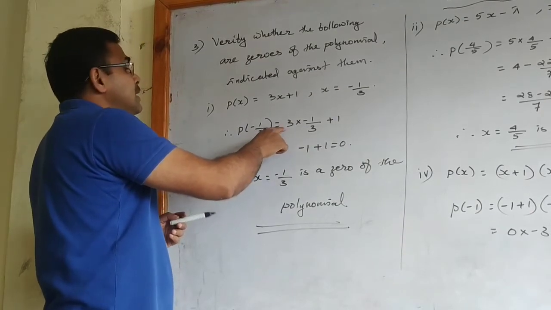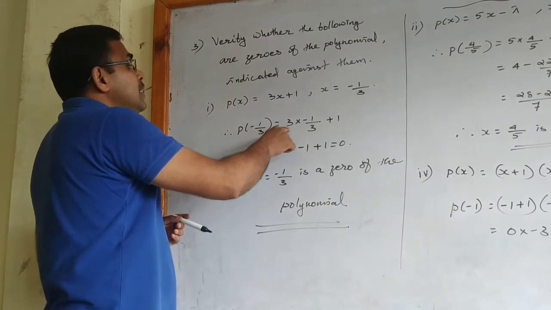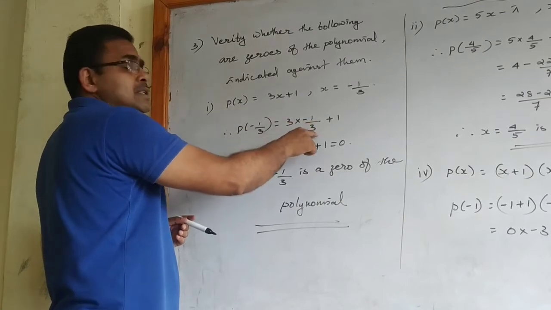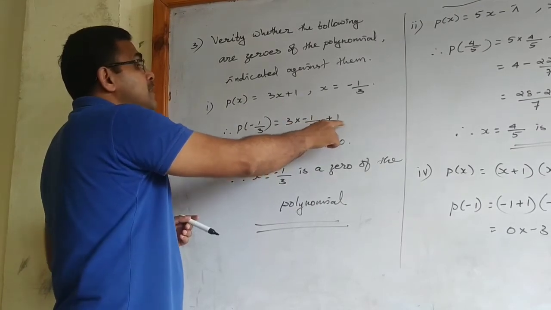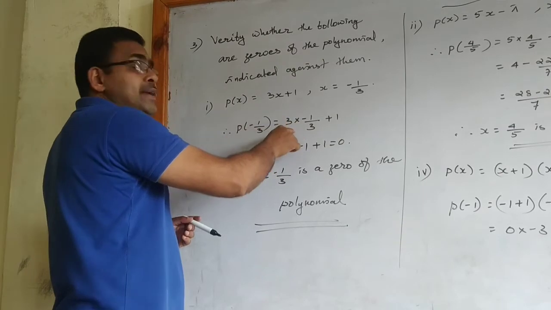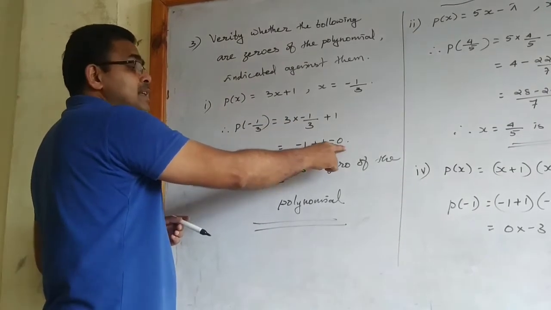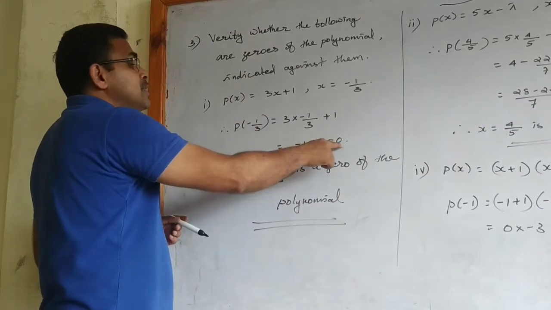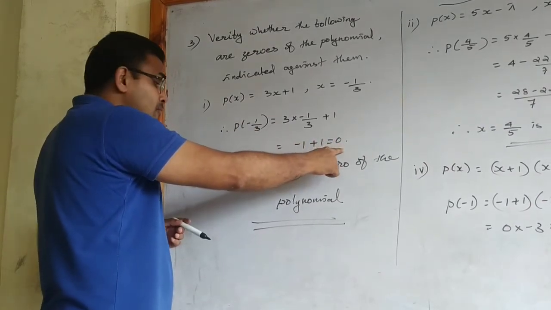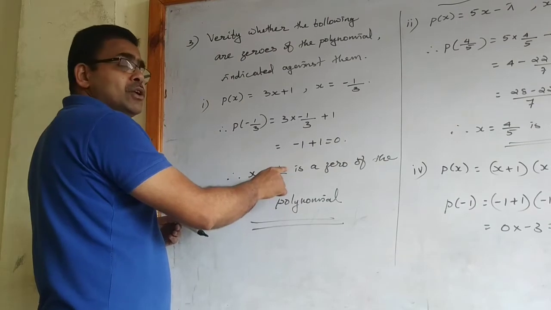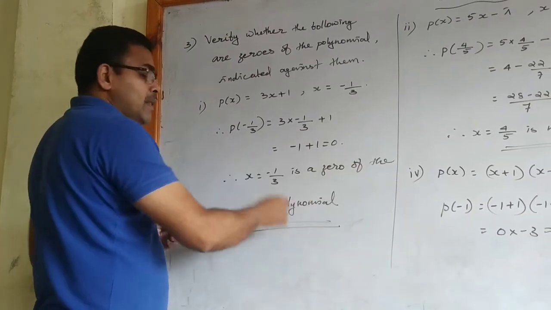P of minus 1 by 3 is equal to, we substitute it. 3 into, instead of x we are writing minus 1 by 3. 3 into minus 1 by 3 plus 1. This 3 and 3 we can cancel. Then remaining minus 1 plus 1, equal to 0. The value we got for P of minus 1 by 3 is equal to 0. Therefore, we can say x equal to minus 1 by 3 is a zero of the polynomial.